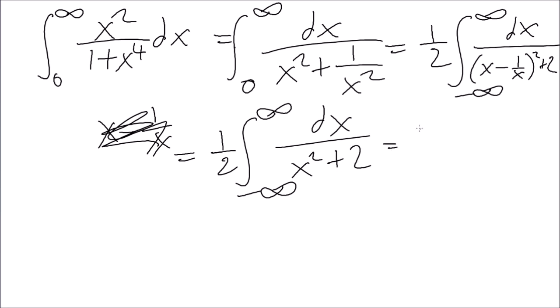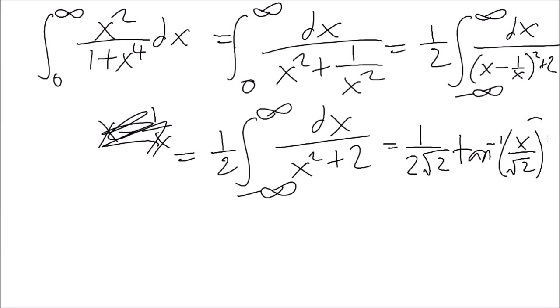And this is just 1 over 2 root 2 inverse tangent of x over root 2 from negative infinity to infinity, right? So this is pi, and I think this whole thing is just pi over 2 root 2.